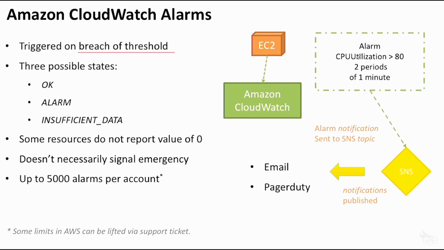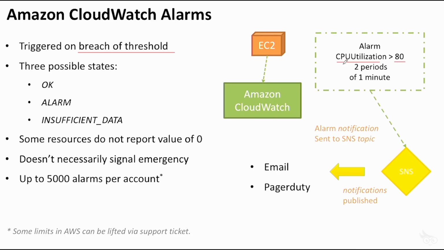An example of that is, let's say that we have an EC2 instance with some application running, and we want to be alerted, notified, when the CPU utilization is above 80% for essentially more than 2 minutes. Or the way that we structure it in Amazon CloudWatch is to say 2 periods of 1 minute.